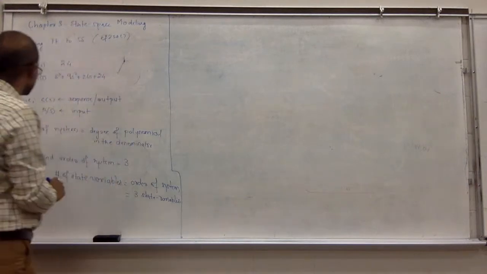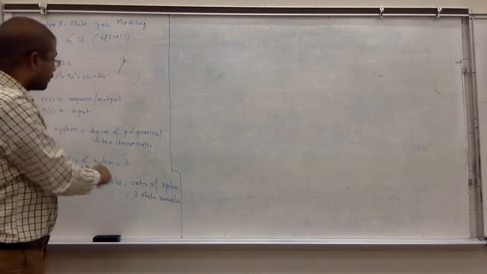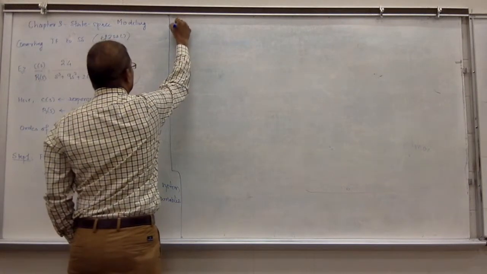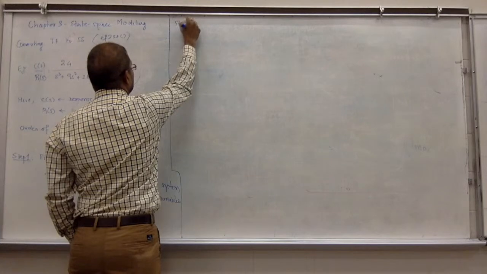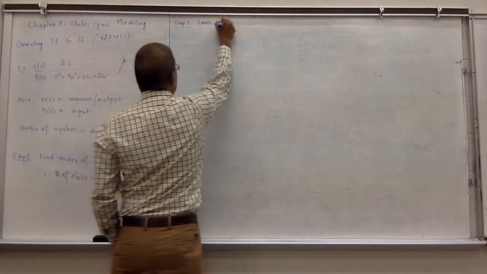Okay. So the first step is you identify this, and then the second step, you cross multiply. Step 2, cross multiply.